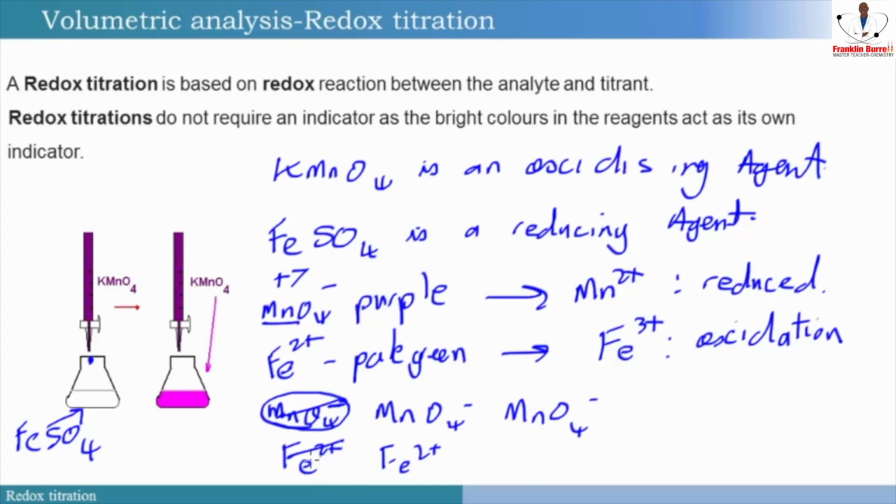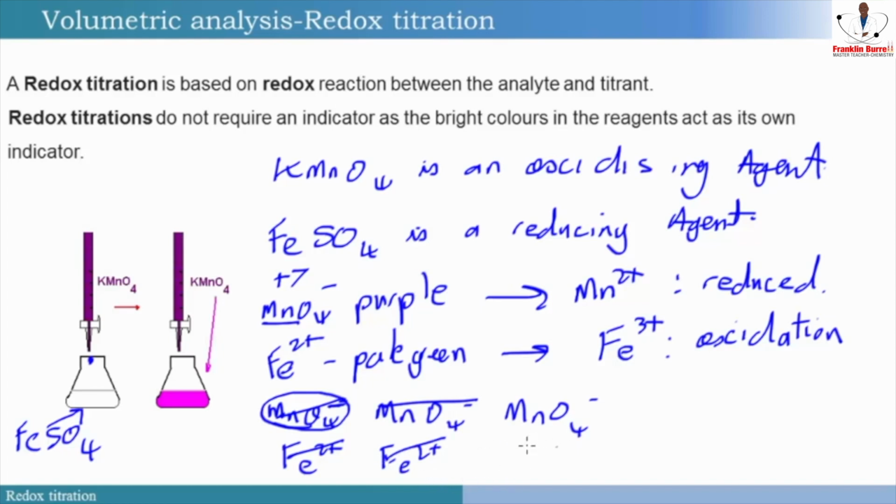So Fe2 plus, being a reducing agent, will cause MnO4 minus to be reduced, while MnO4 minus, being an oxidizing agent, will cause Fe2 plus to be oxidized. And so this will go from purple to colorless, while this will go from pale green to red-brown. And that is what happens every time you drop this into this.